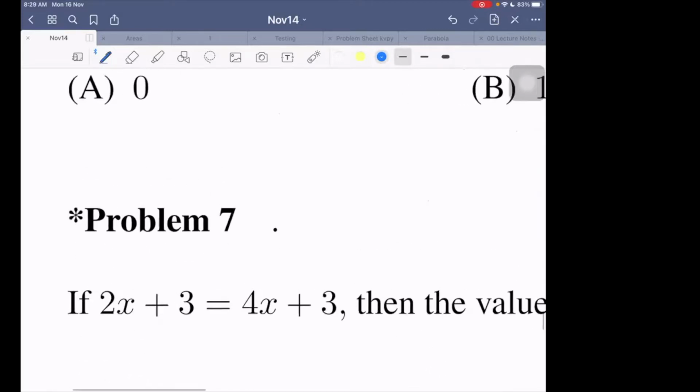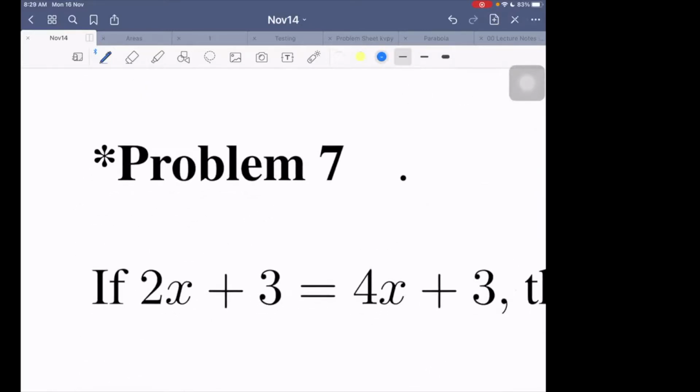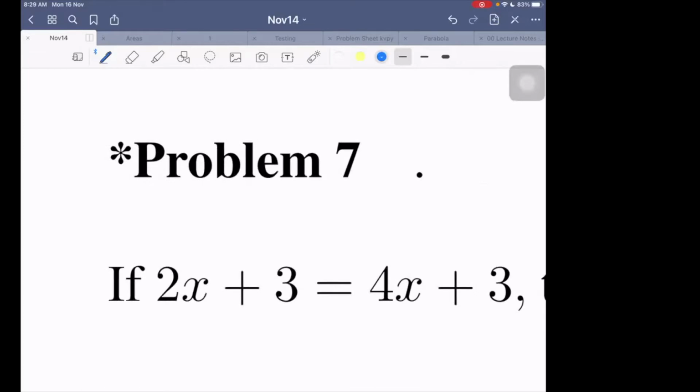Okay, then this question. Again, I don't want you to write down. I want you to just look at the question and just by observation, tell me what will be the solution to this equation.